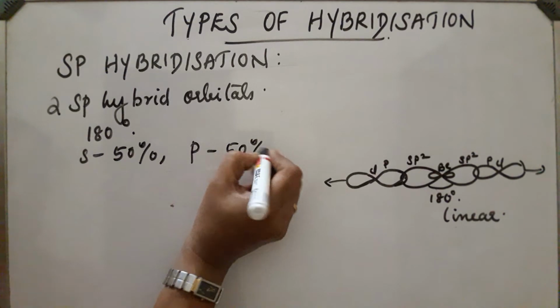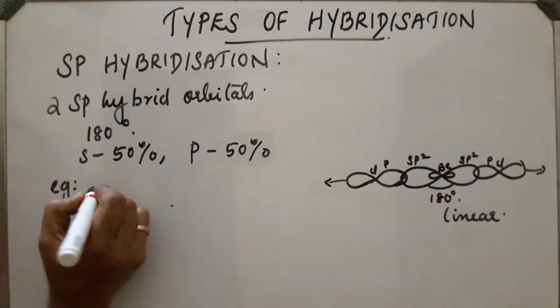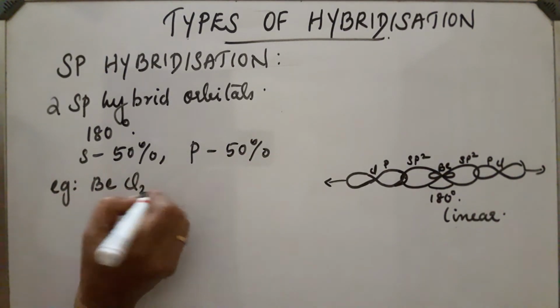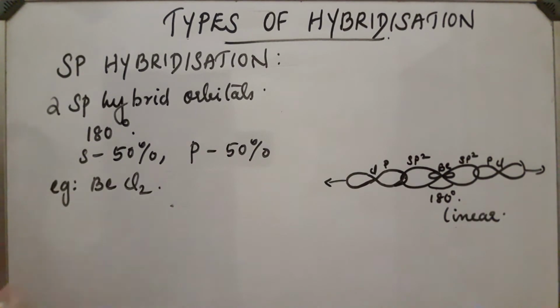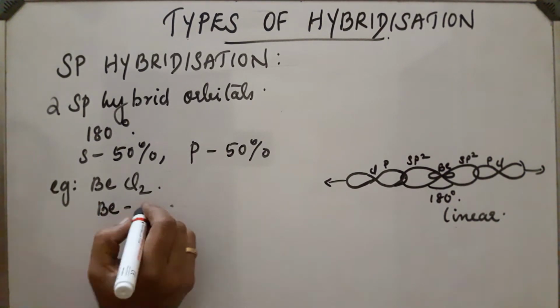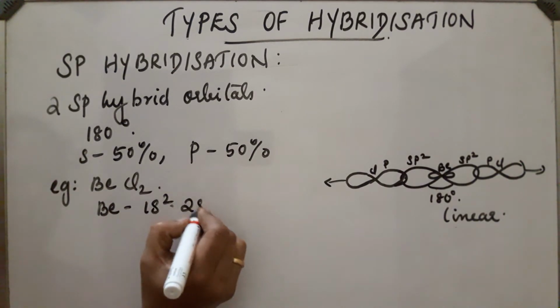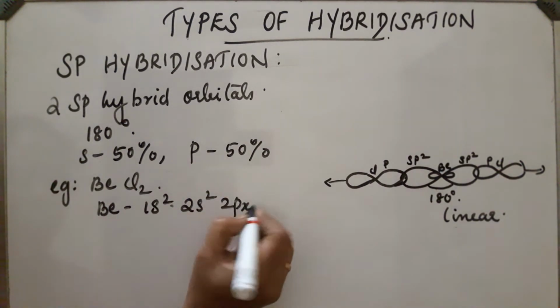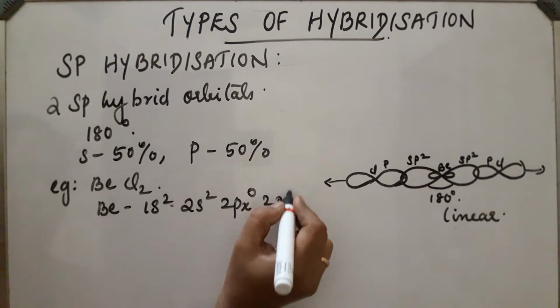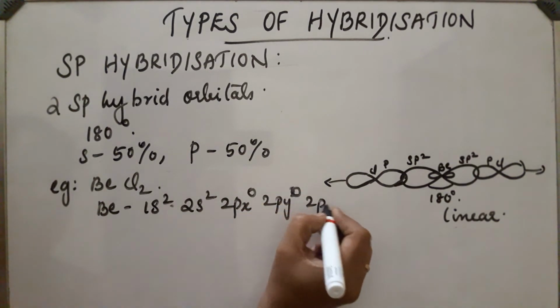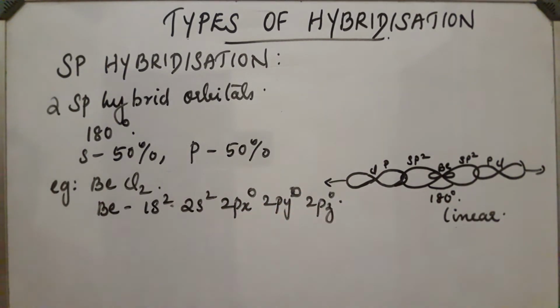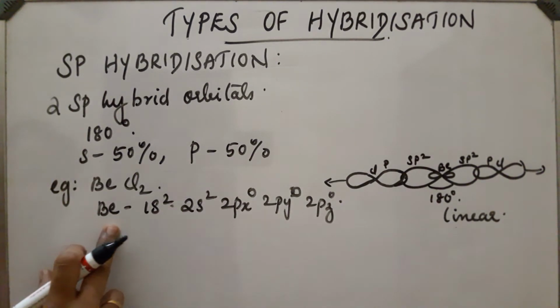Let us take an example, BeCl2. Here the central atom is beryllium. Its electronic configuration is 1s2, 2s2, 2px0, 2py0, 2pz0. The p orbitals are vacant. This is the ground state configuration.